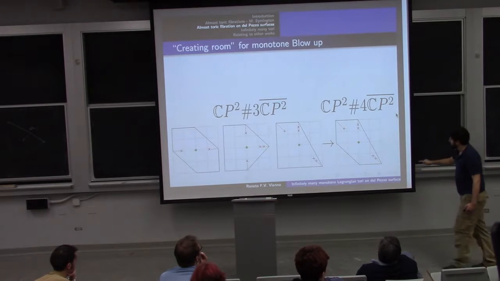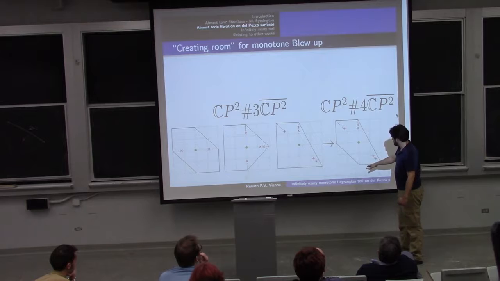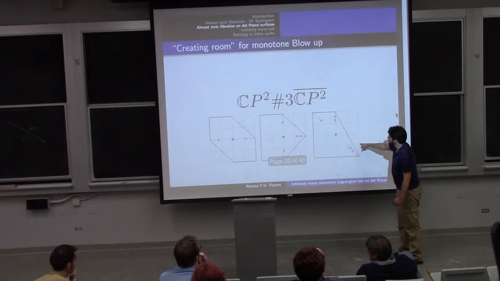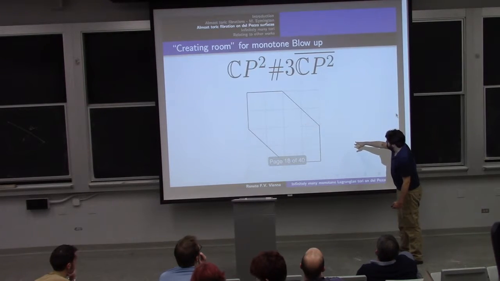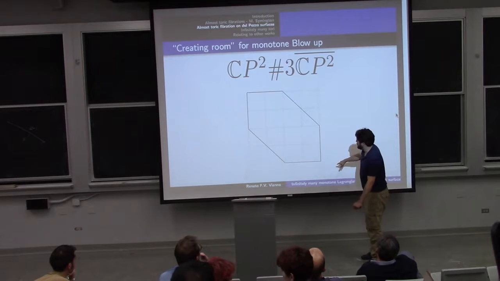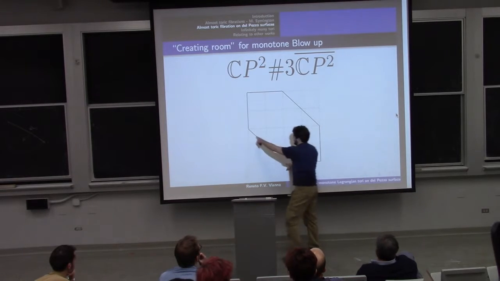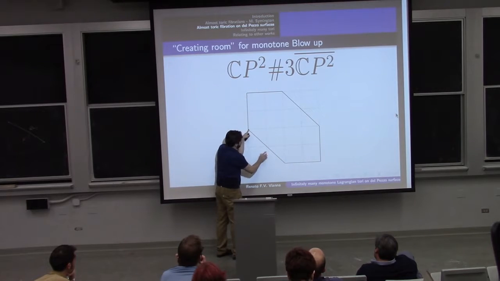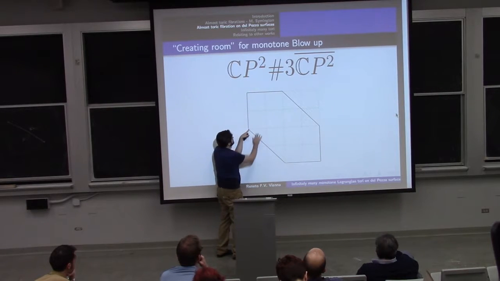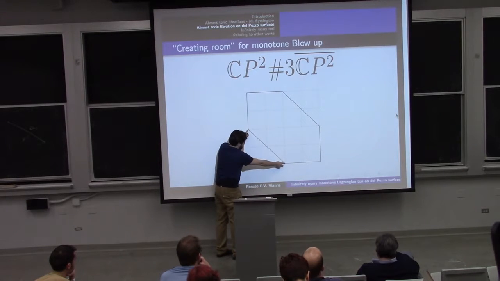Here we see that we have each one of these. This is already an exceptional divisor, so it's a Chern one sphere. So we see that with respect to this Z2 here that I put behind, it has affine length 2.